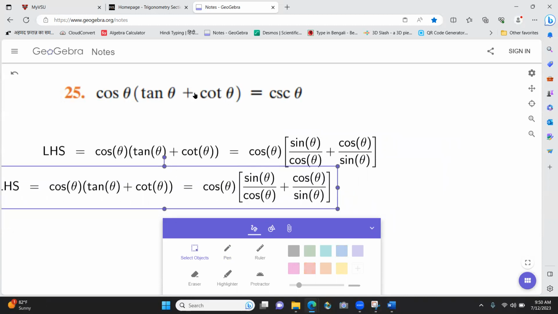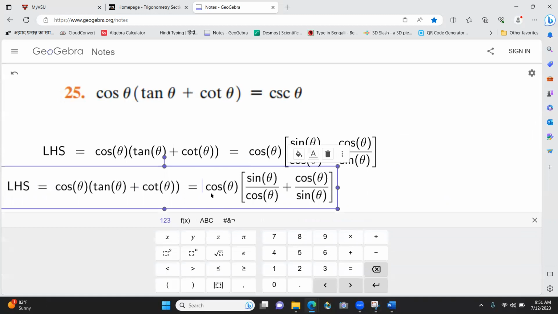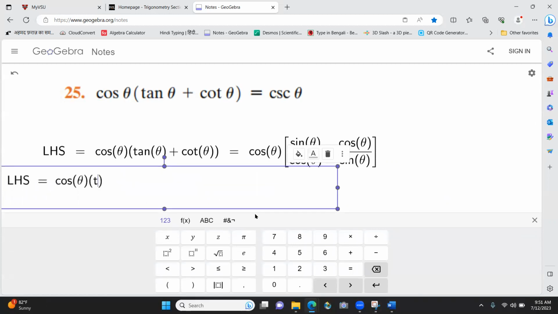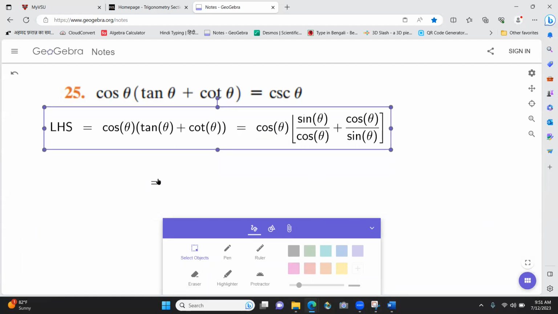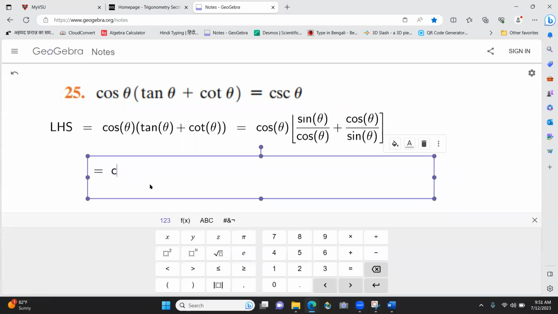So what I'm going to do is this. I will leave cosine theta here. So sine theta times cosine theta. And if I multiply the bottom by sine theta, I'll get cosine theta times sine theta.